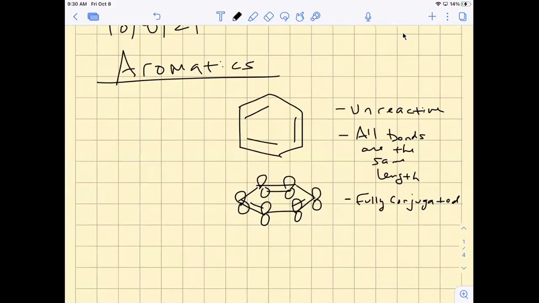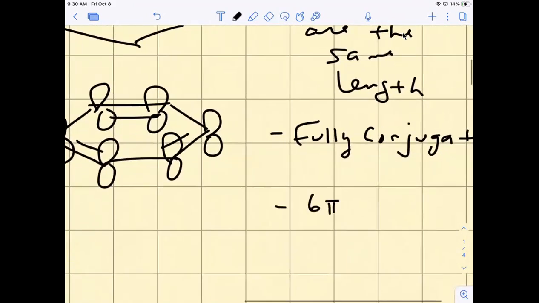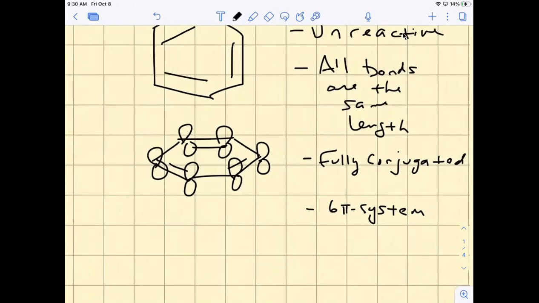All the bonds are the same length, it's fully conjugated, all the p's overlap. So benzene is an example of a 6-pi system, just like a conjugated diene is an example of a 4-pi system. Benzene is an example of what we call a 6-pi system.